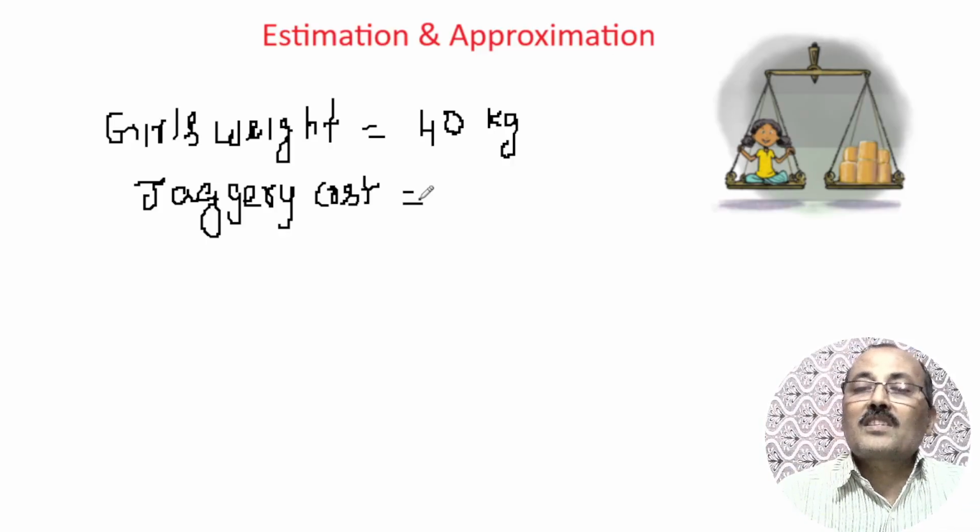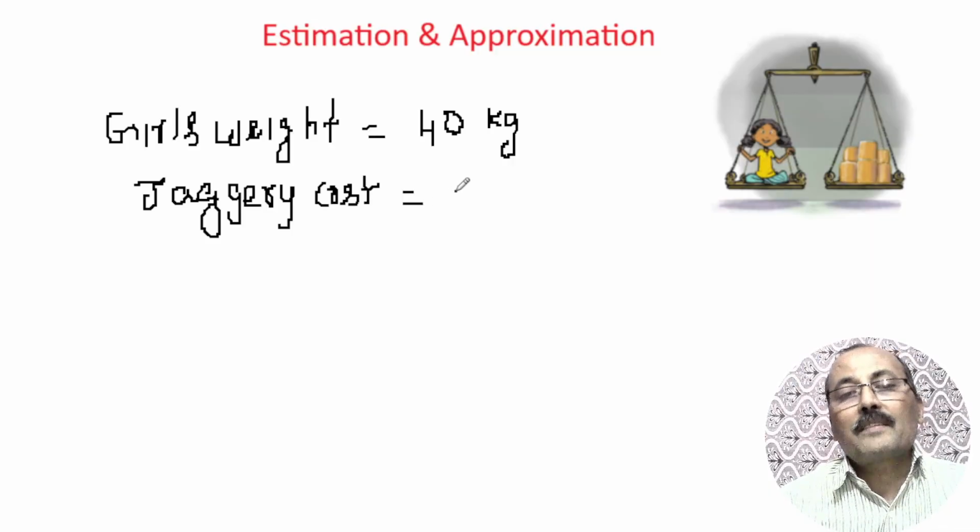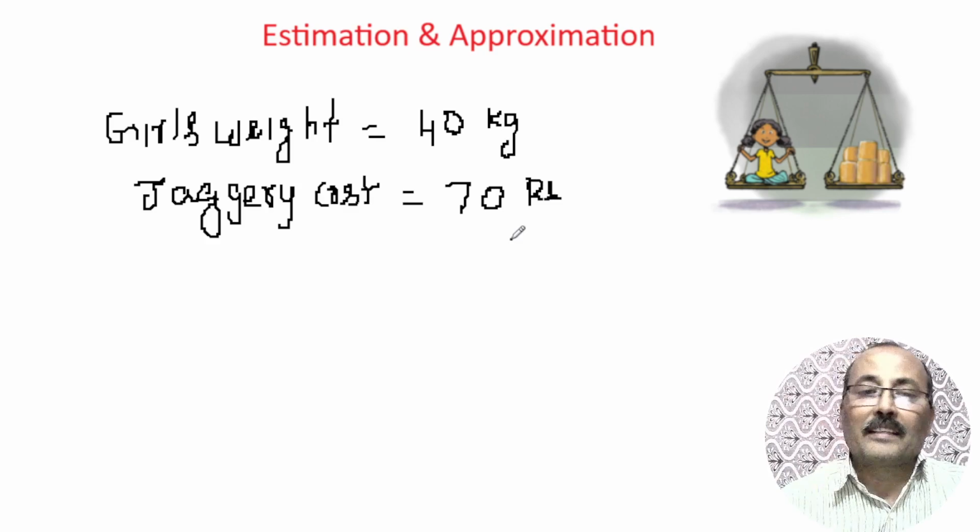The milk cost is given as 10 rupees or 20 rupees, but now it will be 40 rupees. But in your new book, such problems won't be there, because it was updated just last year. Okay, let the jaggery cost be 70 rupees. I will estimate it as 70 rupees per kg.